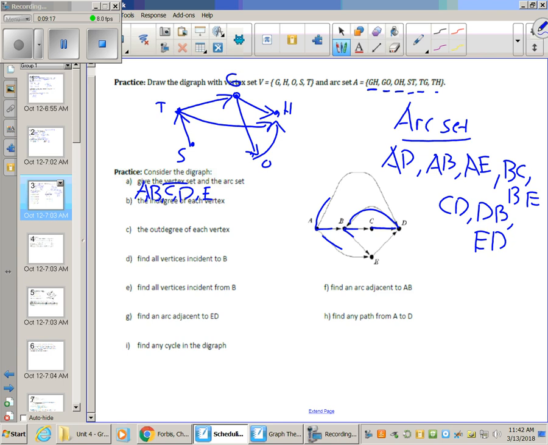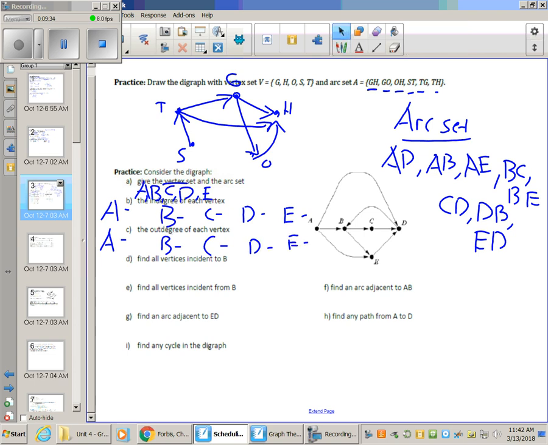All right, let's do in degree and out degree for each. Let's do in degree for A through E. Okay, so for in degree, it's all the arrows pointing into each one.